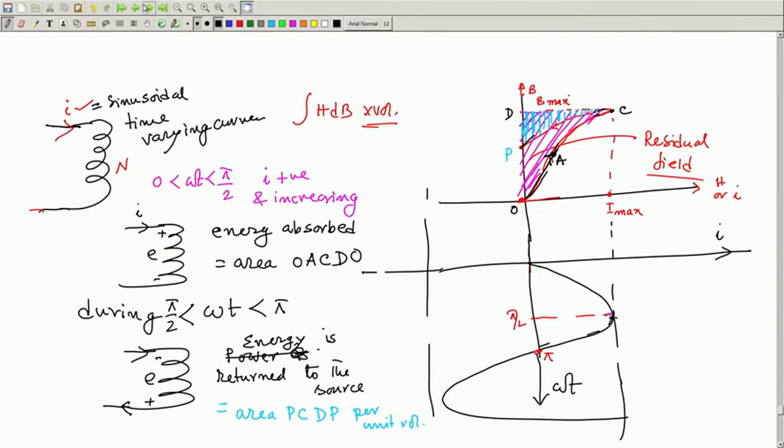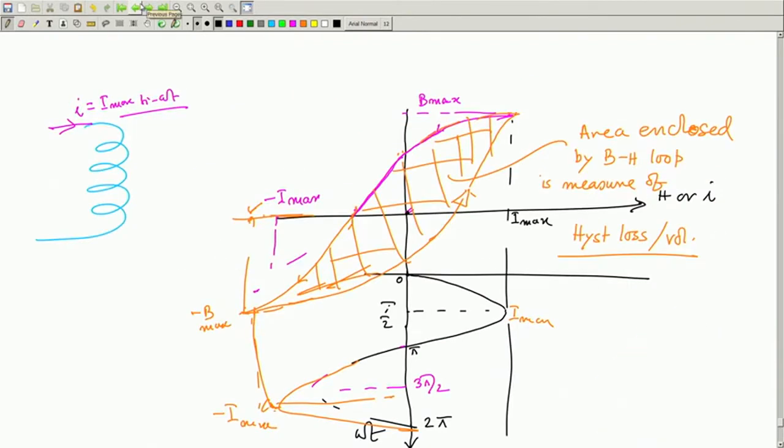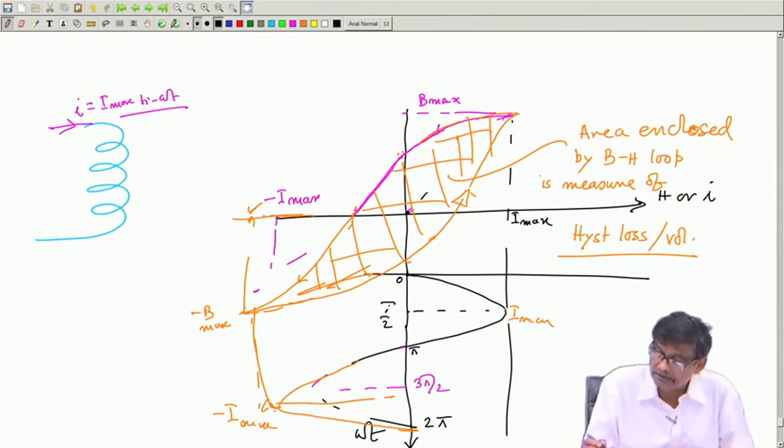Now, next thing I did is, suppose the current is alternating like this through the coil. I have not shown this part once again, because for the first time it will go like this, reach I max, B max. Then when I decreases, the BH curve will be somewhat different, not the same curve through which it went up. It will follow this curve, current decreases, B decreases.